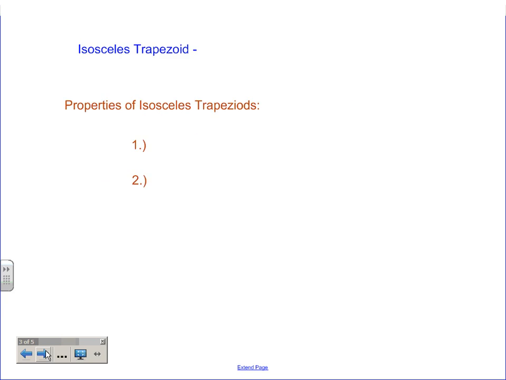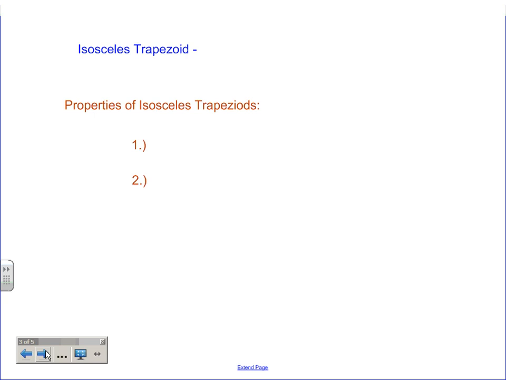Here's the isosceles trapezoid. Where have we heard about isosceles things before? Yeah, triangles, right? What did we know about isosceles triangles? 2 sides were congruent, and what do we call those 2 sides? Legs. It's funny how we call these legs too. So which sides have to be the same?